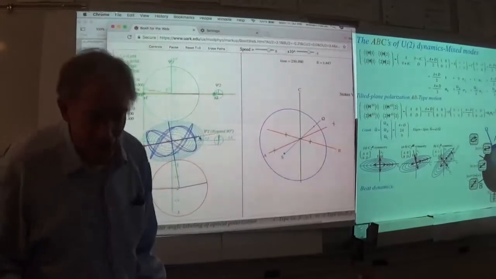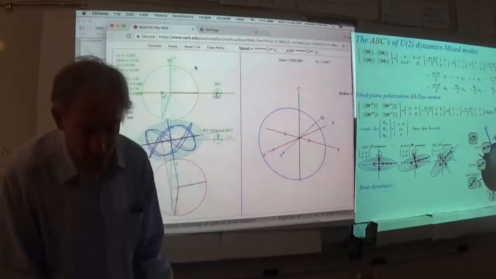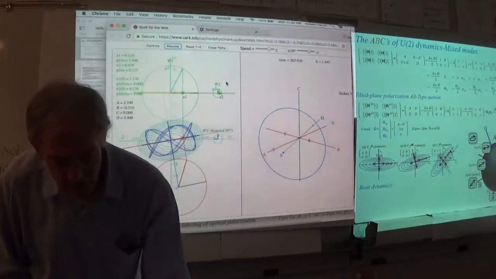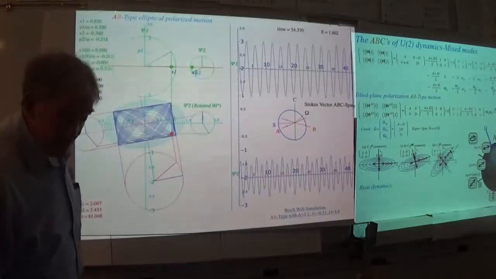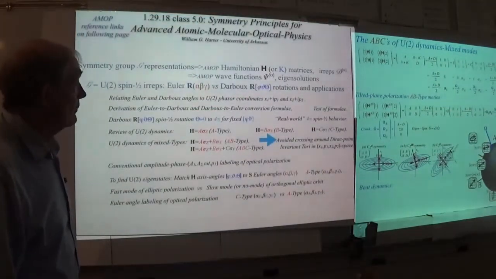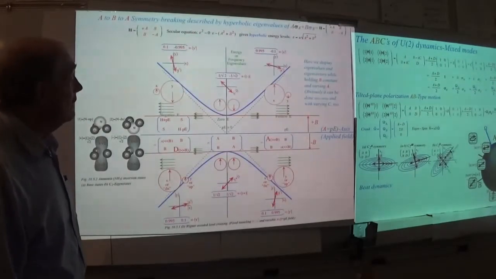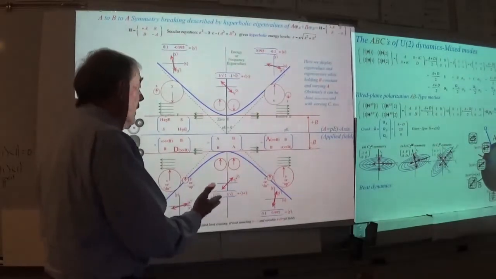And it does get a little bit hairy here. Let me go ahead and pause this one to get back to the presentation, which is there. And so what I would like to do is say a few things about just the A and B mixtures.